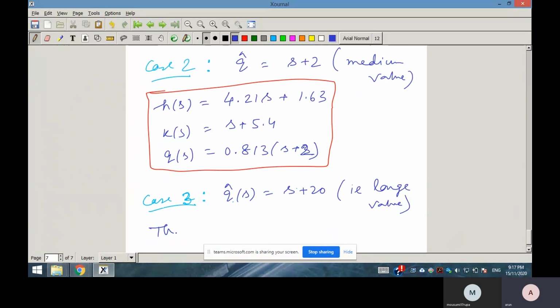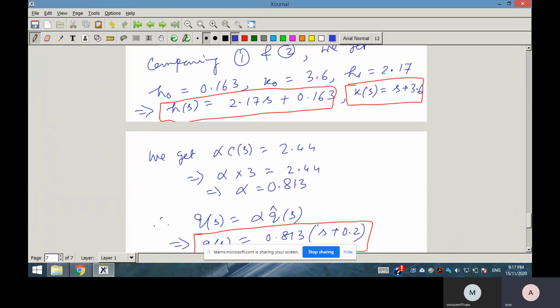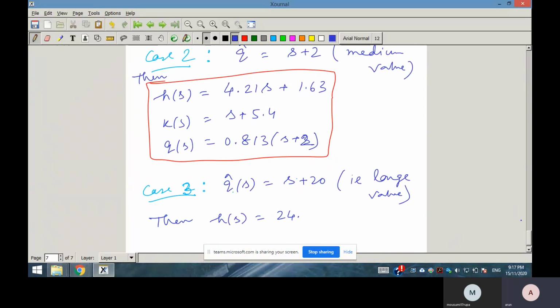Then similarly you can get that HS will be equal to 24 point. Now you see the control gains are increasing. Compared to these values, the control gains have increased.